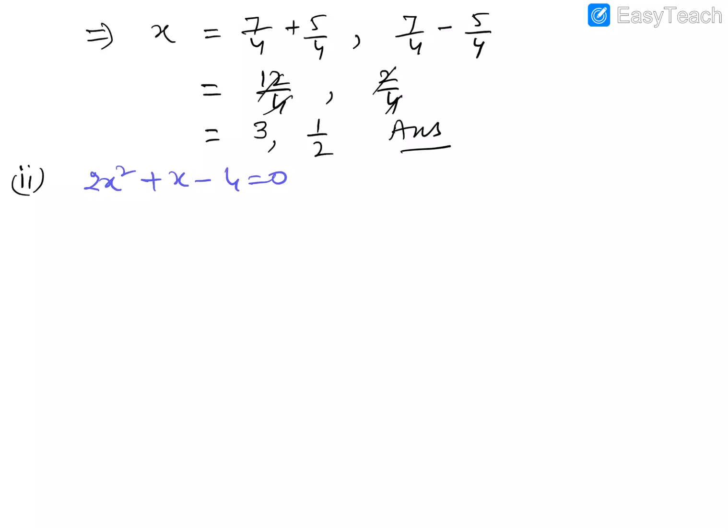Now second problem, 2x square plus x minus 4 is equal to 0. Comparing this with the standard form of quadratic equation, ax square plus bx plus c is equal to 0, we have a is equal to 2, b is equal to 1, c is equal to minus 4.